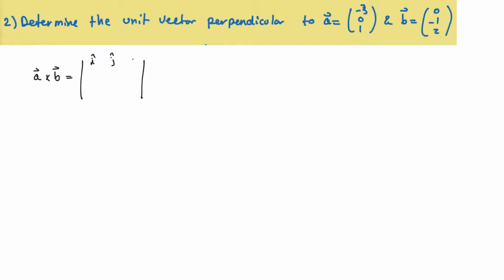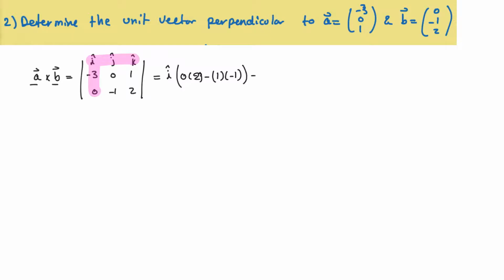i, j, k. For vector a, my components are negative 3, 0, and 1, and for vector b, they are 0, negative 1, and 2. Now I will write this as vector i, and that means I cross out the top row and the i column and multiply 0 times 2, and subtract 1 times negative 1.